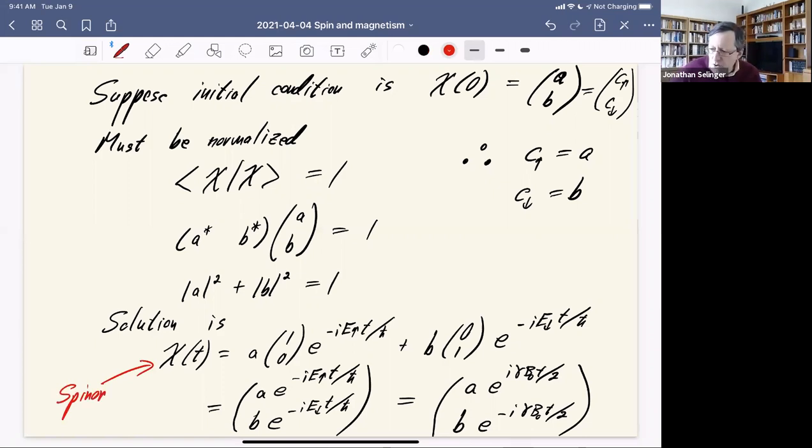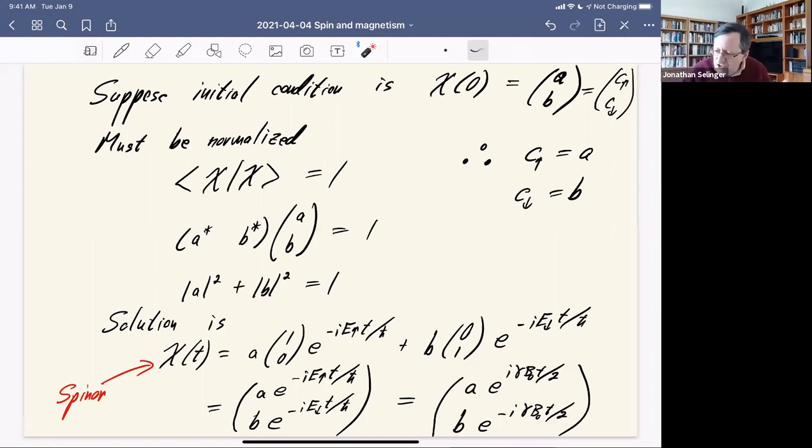It's telling us that the spinor is changing in time, that the spinor has these components there and there, which match the initial condition at time t equals 0, and then they're gradually evolving in time.